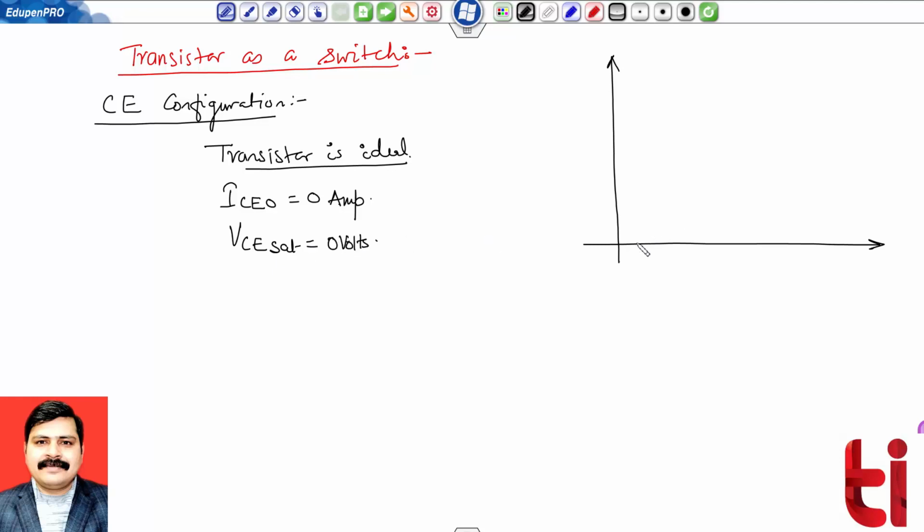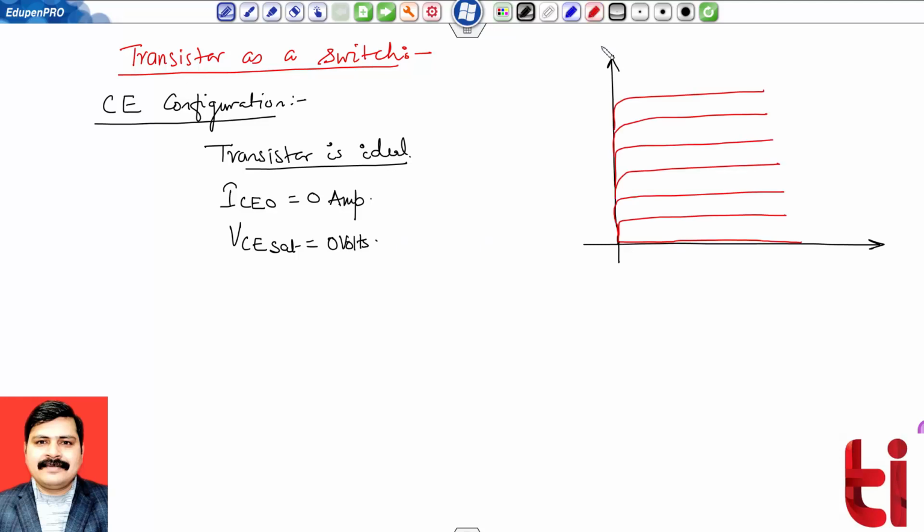0 volts. If you can recall, this is my output current, the collector current IC in milliampere.